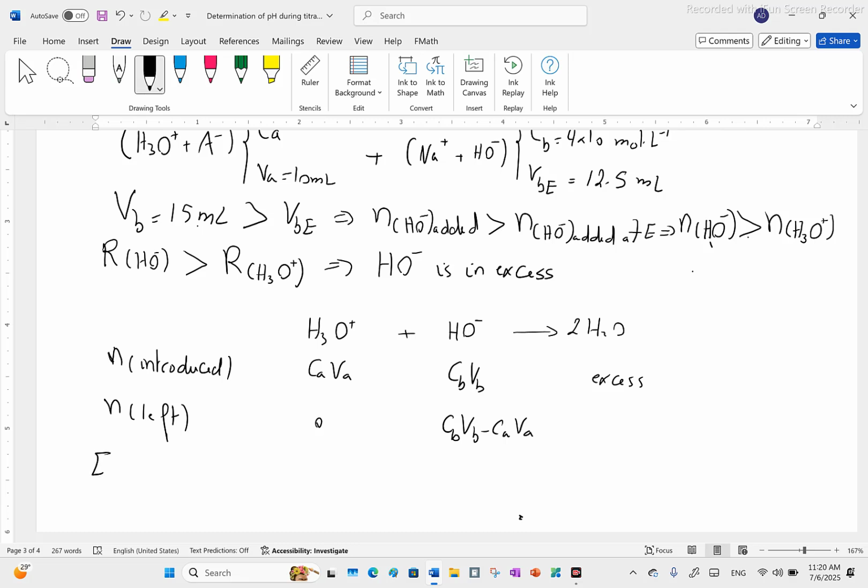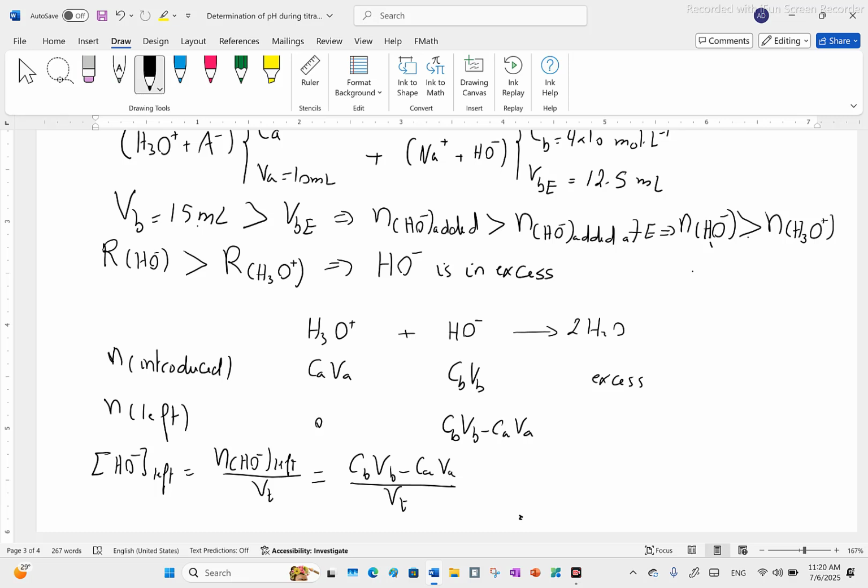The concentration of HO− left equals number of moles of HO− left over V total, which is CBVB minus CAVA over V total. At equivalence, number of moles of H3O+ introduced equals number of moles of HO− added.